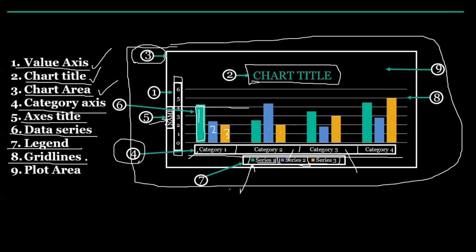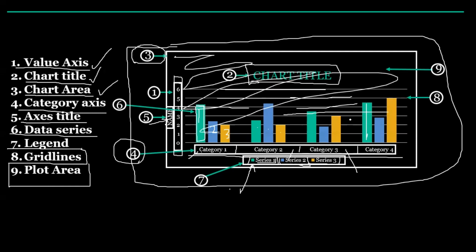Next, we have grid lines. These lines over here are grid lines. Using these lines, we can easily measure these column charts. Now at last, we have the plot area. This whole area is the plot area.